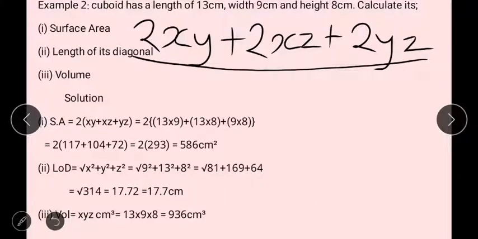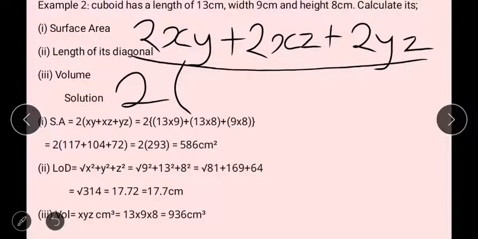Thank you. 2 is common. Try to bring it out like this. Open a bracket for the other family. No, x is not common. We have x here, we have x here, but there is no x here. Y is not common as well because there is no y here. Are we together at all?